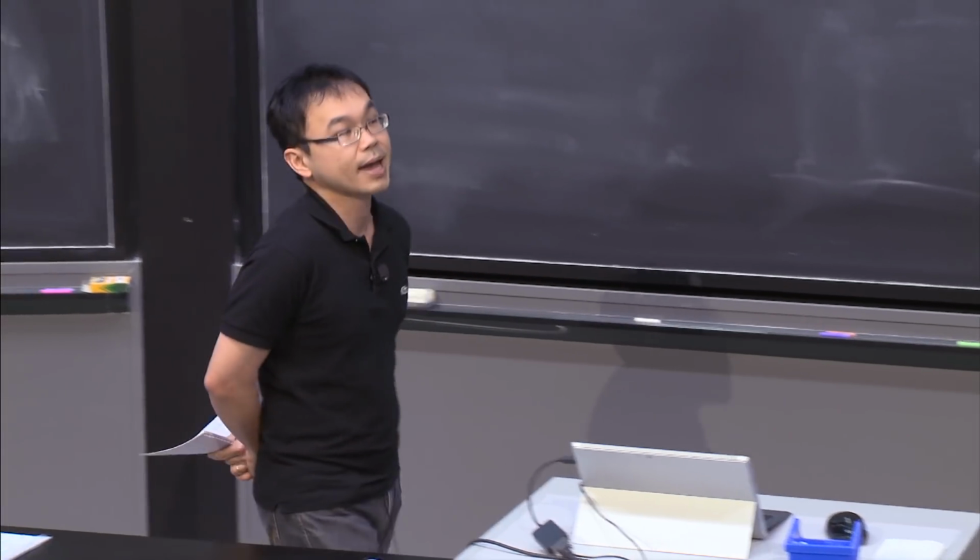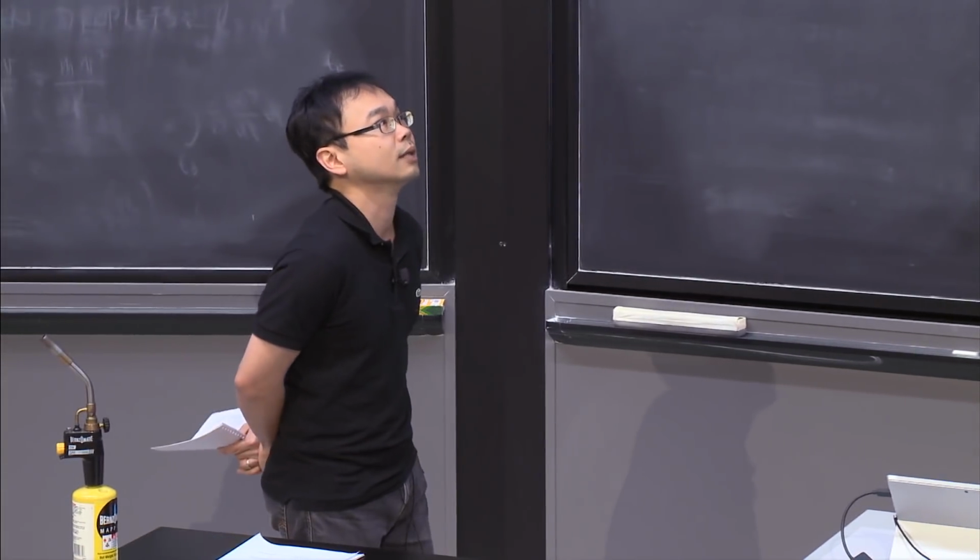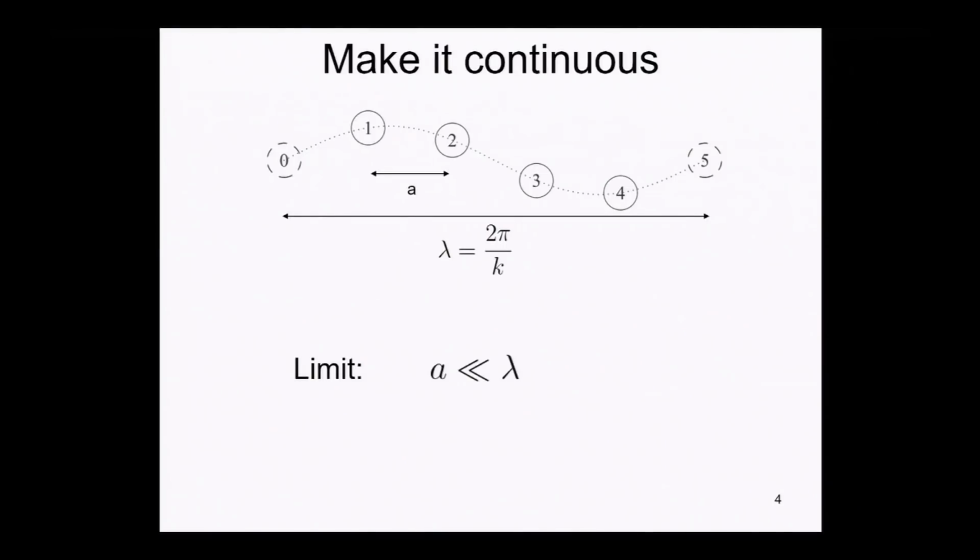So what do we mean by going to the continuous limit? Before, when we discussed a discrete system of infinite number of objects held together by strings, there is a length scale, which is the separation between objects, called A in my notation.